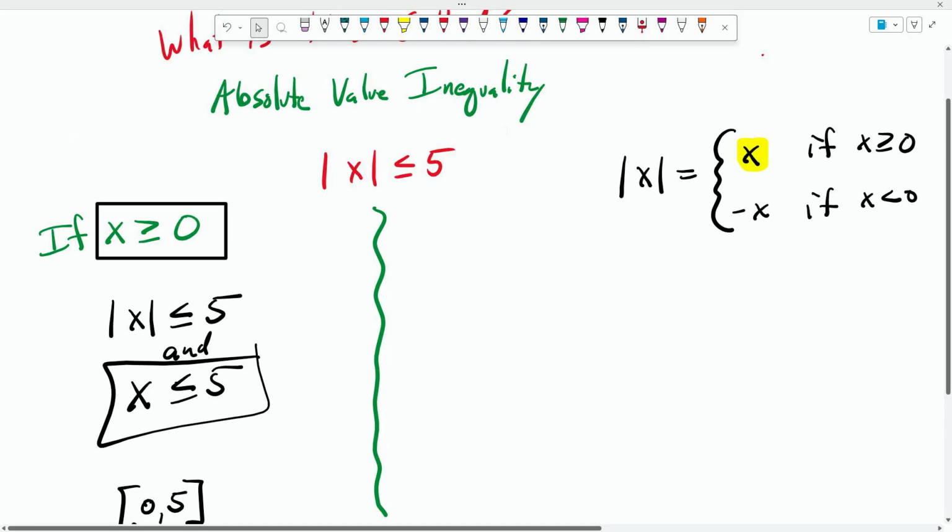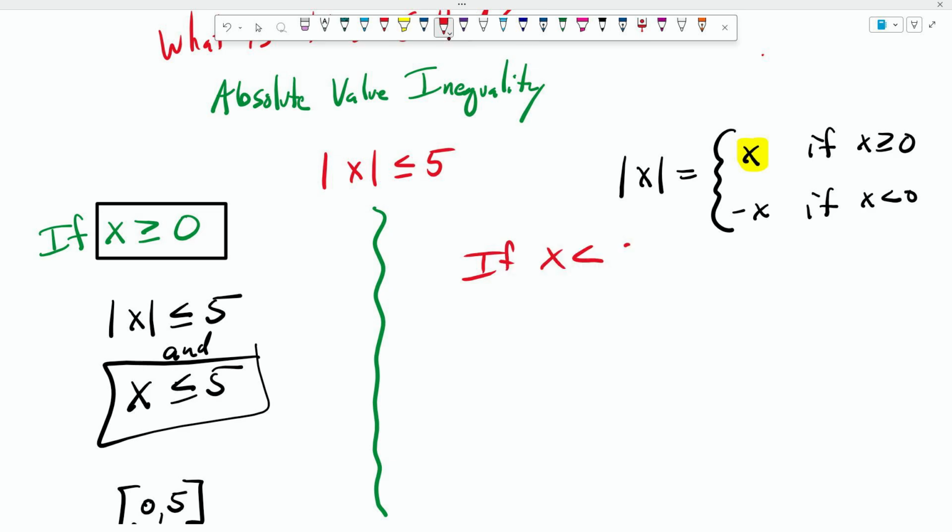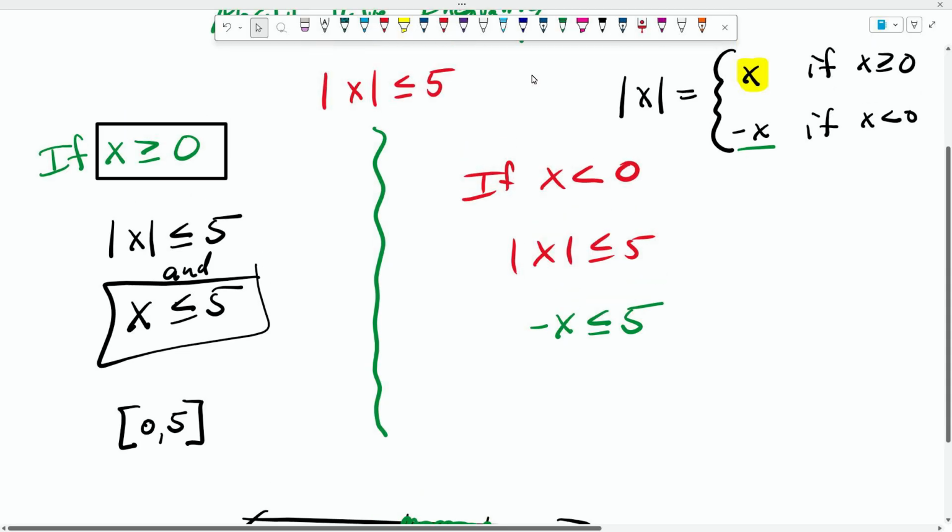The other part is if x is less than 0. If x is less than 0, what do I replace the absolute value with? It's equal to negative x. And then I have to get rid of that negative. How do I do that?